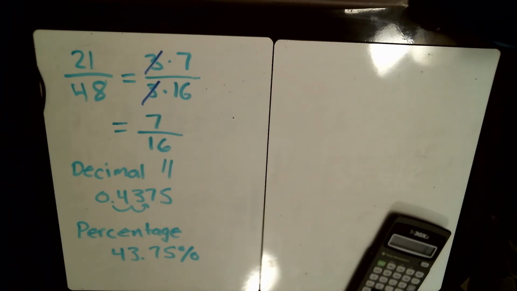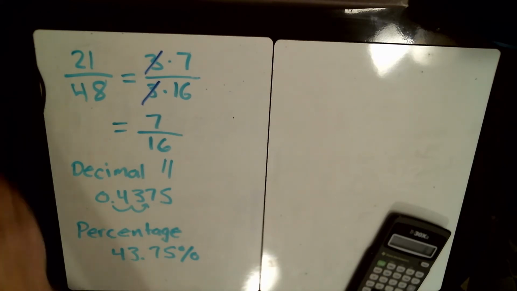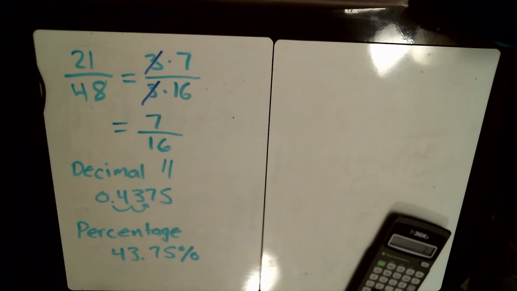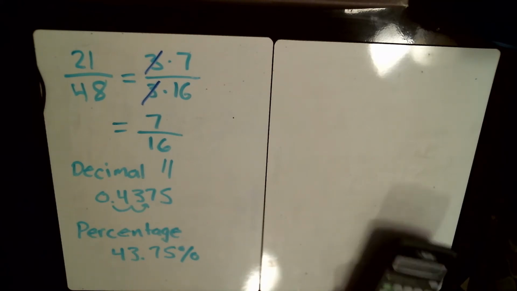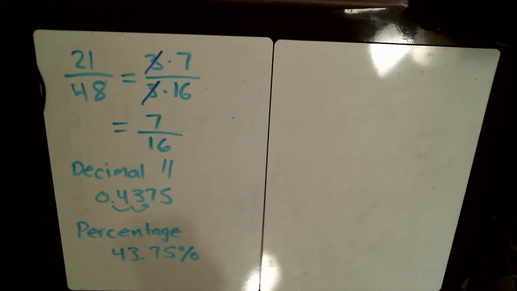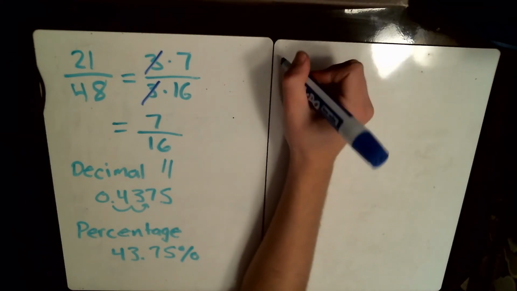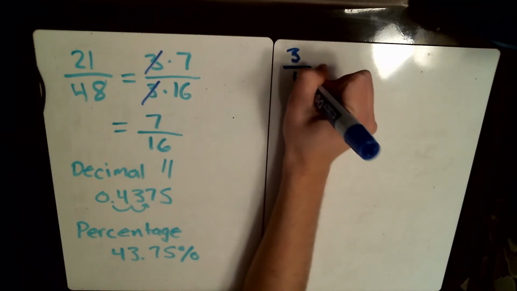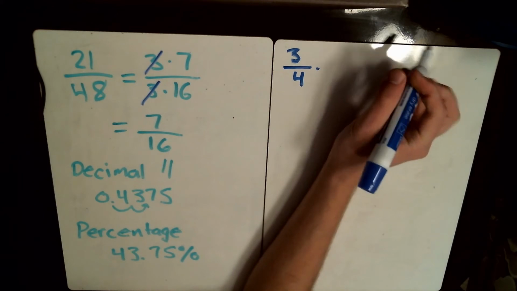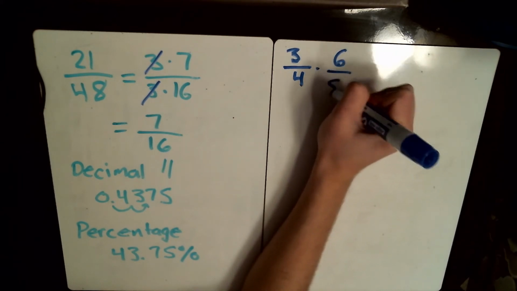Okay, so now that we've looked at simplifying fractions, let's look at what you do when you're doing operations on fractions. So if you have a fraction, let's start with multiplication. Let's say I'm multiplying two fractions: 3/4 times 6/5.